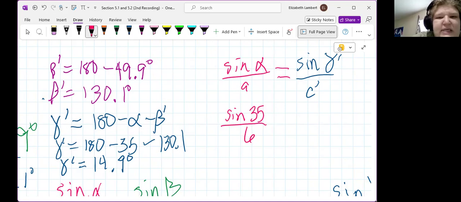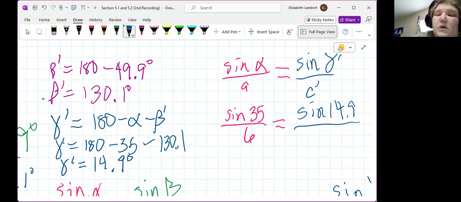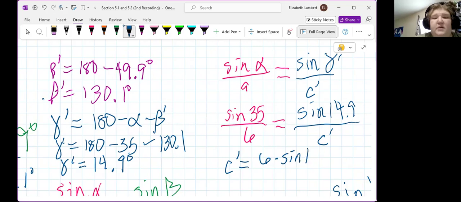Sine of 35 and 6 equals the sine of the very small 14.9 over C prime. All right, so C prime is across from the sine 35, so we would eventually divide by that. So we have to multiply the other two things. So C prime is going to be 6 times the sine of 14.9 divided by the sine of 35.